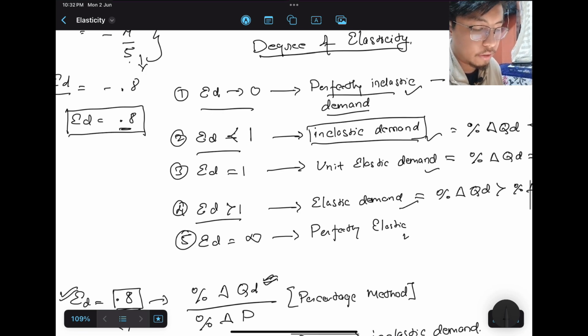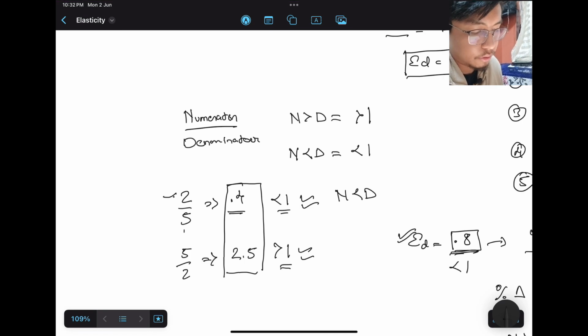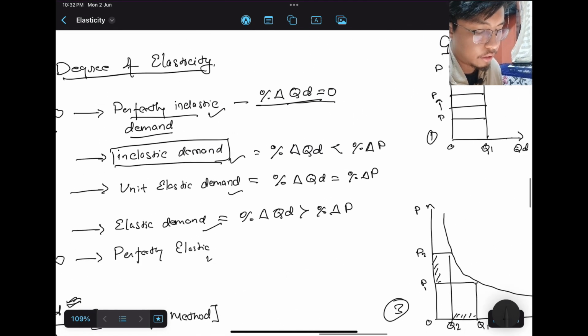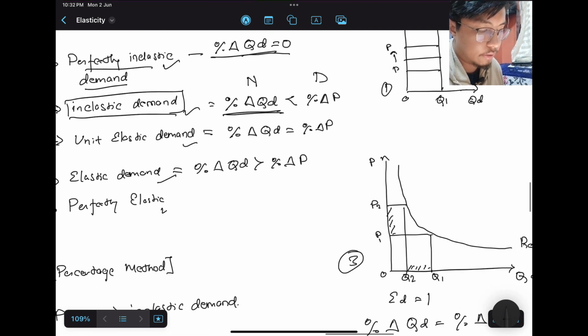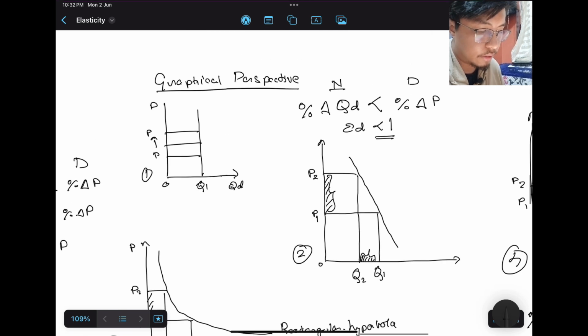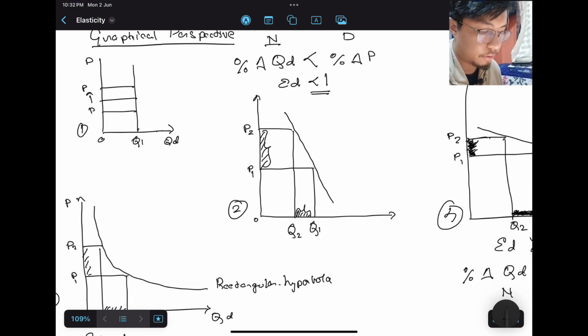Less than 1 means your numerator was less than the denominator, or in other words, your percentage change in quantity demanded, which was the numerator, is less than the percentage change in prices, which was the denominator. Okay, fine. And these are the graphs that we just talked about.